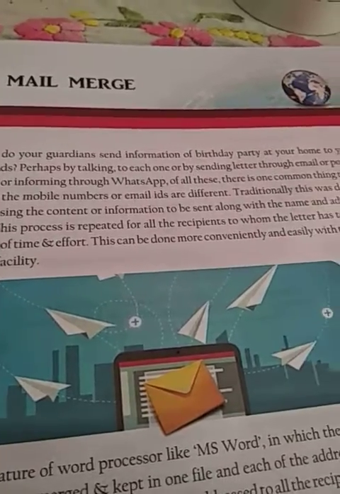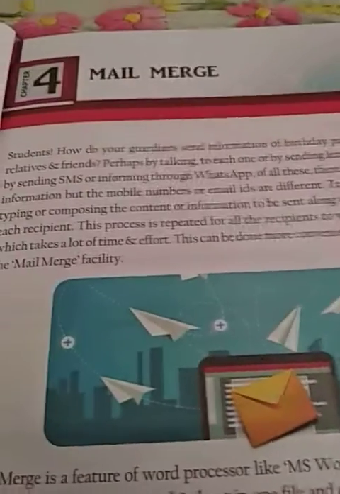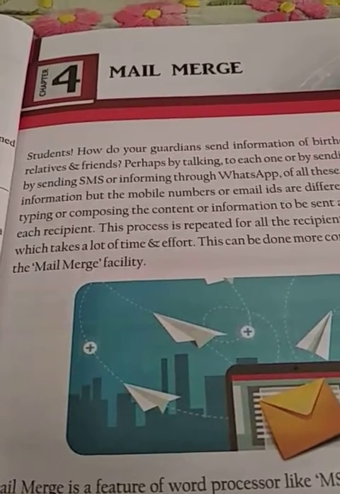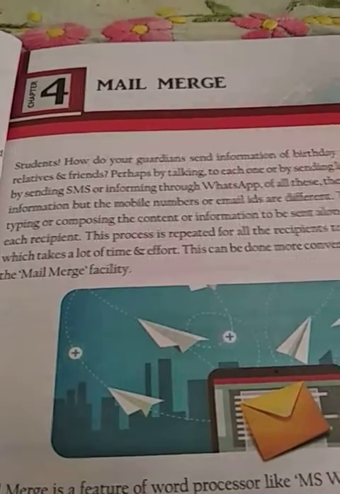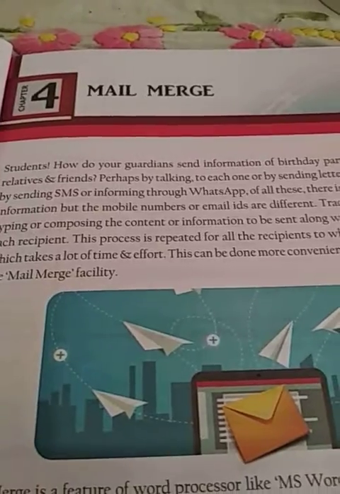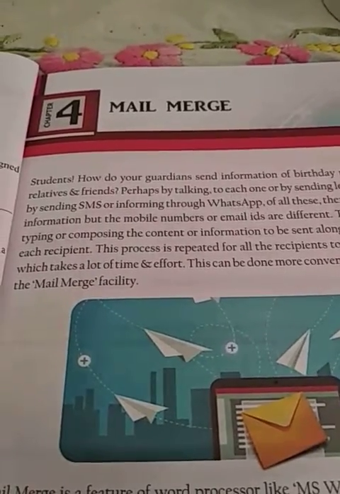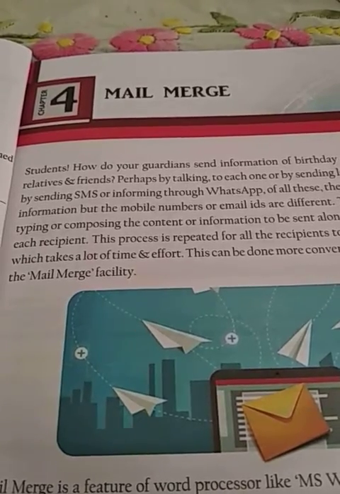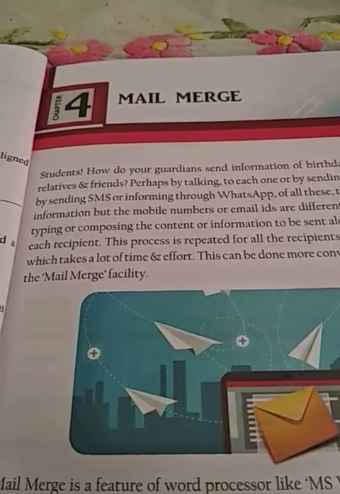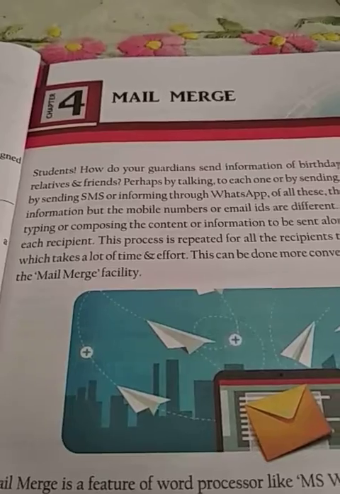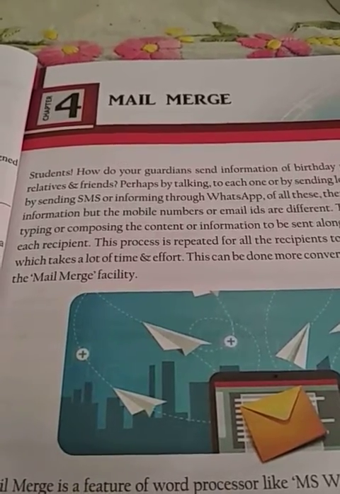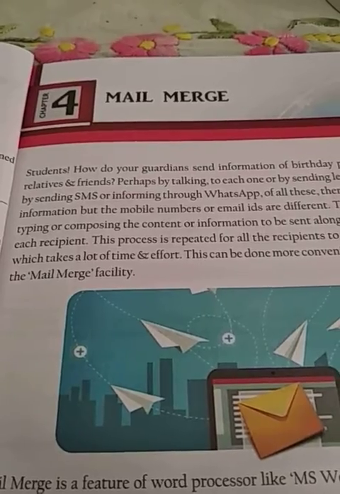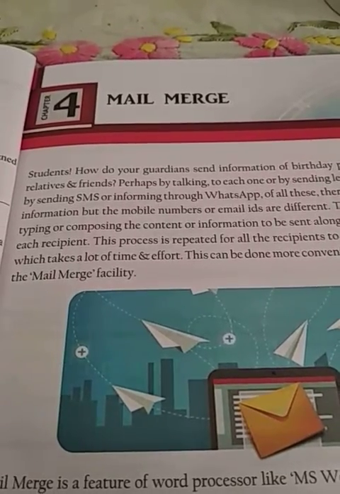Of all this, there is one common thing, that the information is the same, but the mobile numbers or email IDs are different. Again, what I made you understand was that the main content will be the same. Only what will be different is the name and address of the recipients, the people who are going to receive this information.